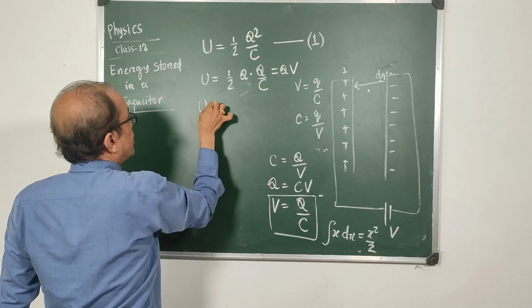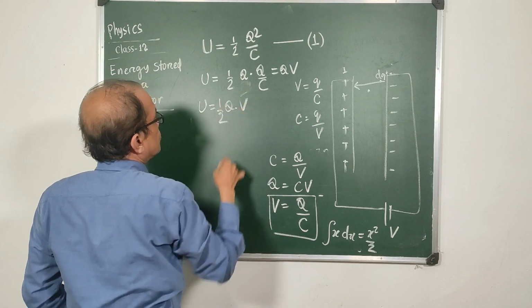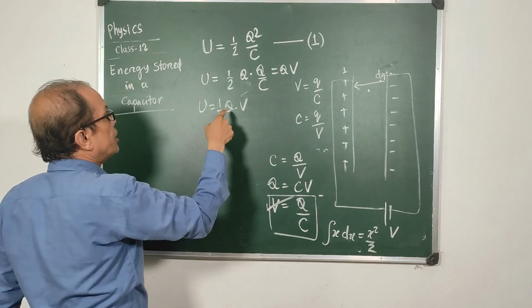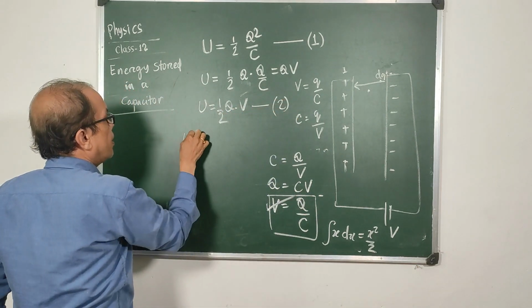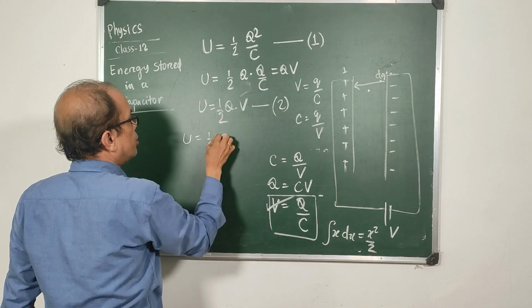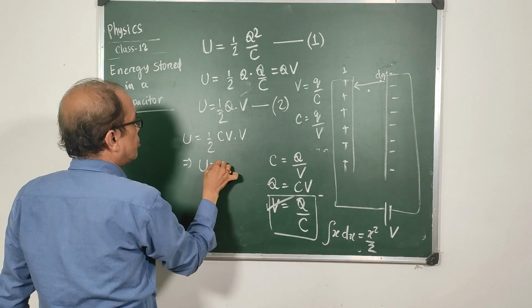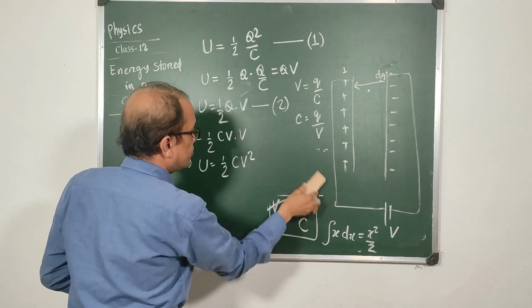So the second form becomes U is equal to half QV. What will be the other form? Since Q is equal to CV, from the second form we get U is equal to half, for Q we write CV into V. So you get U is equal to half CV square. This is the third form.